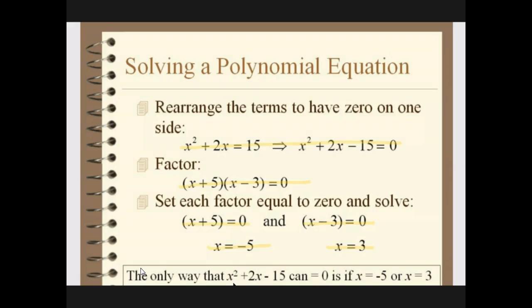So the only two values for x that will make that equation equal 0 are -5 and +3.